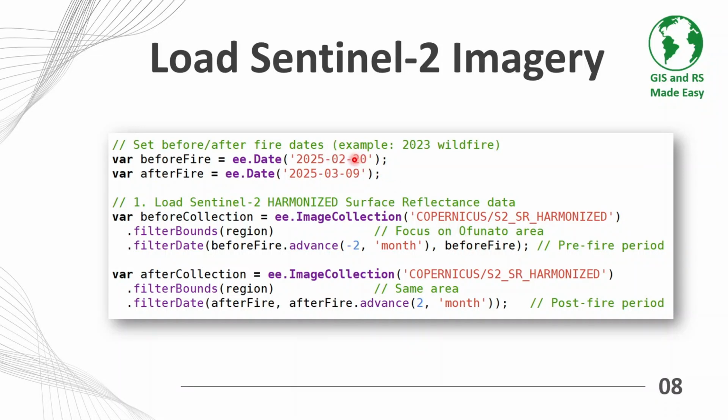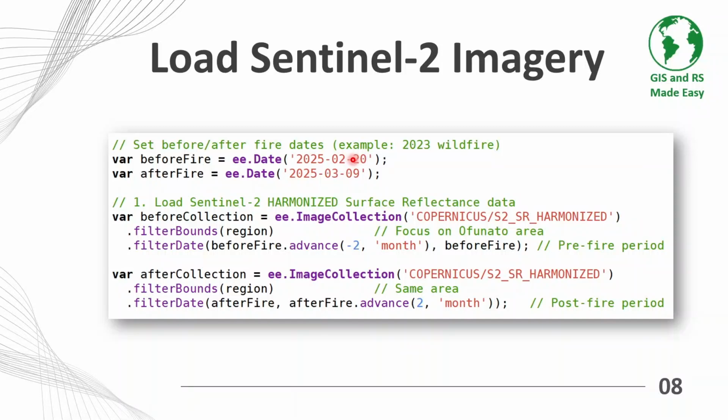So to 20th February of 2025, and from date will be the before date dot advance minus 2 month. That means 2 months ago of this date. So we will make an image collection of the previous 2 months of 20th February.